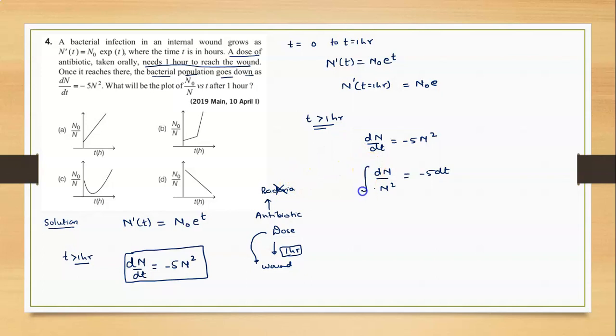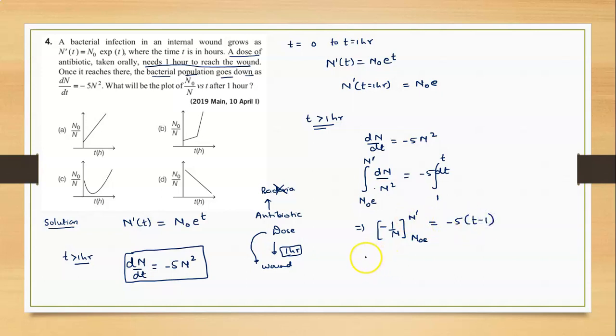We have to integrate from N naught times e, which is the value after 1 hour, to the current N dash, and time from 1 hour to the current time. Integration of this is minus 1 by N, putting the lower limit, as you must have studied in mathematics applied in physics, and the time becomes t minus 1.